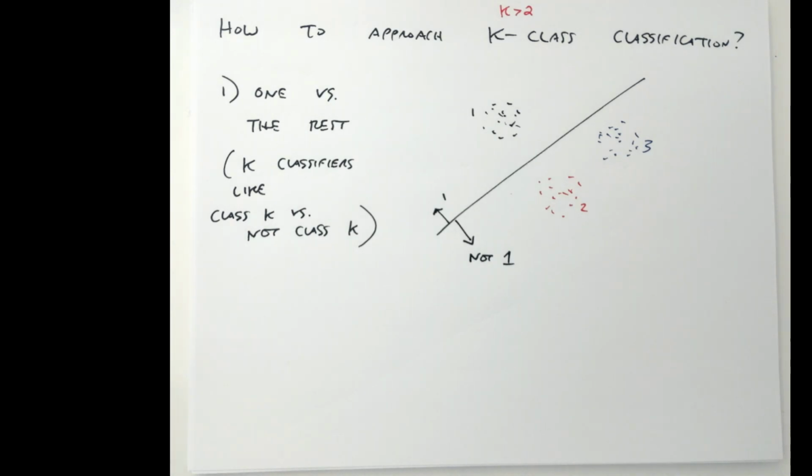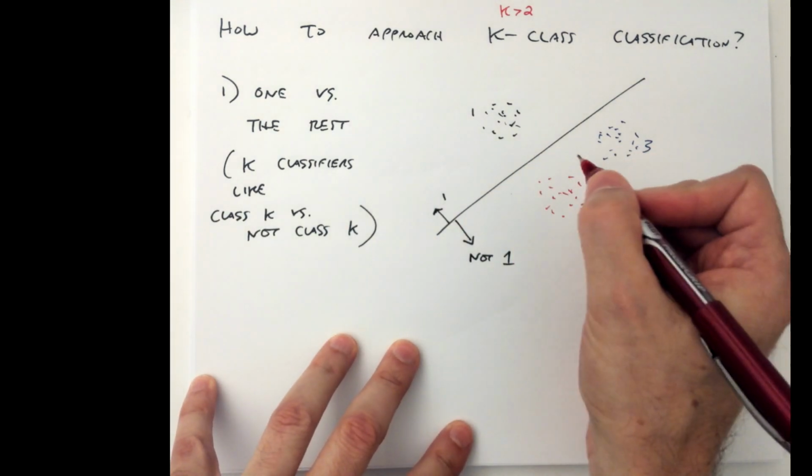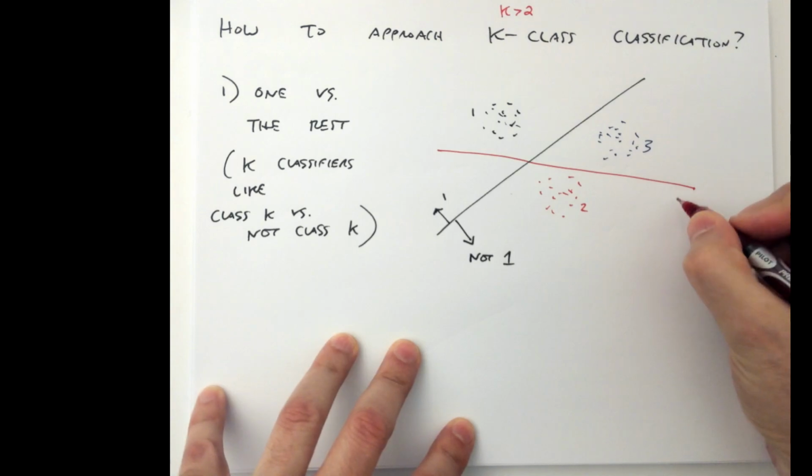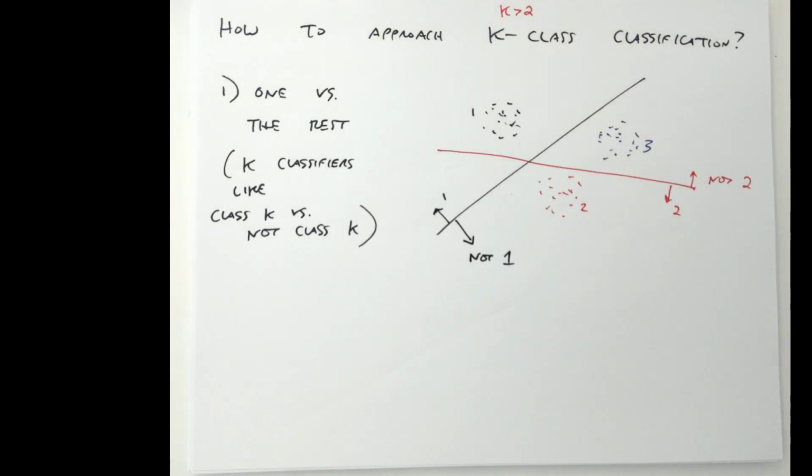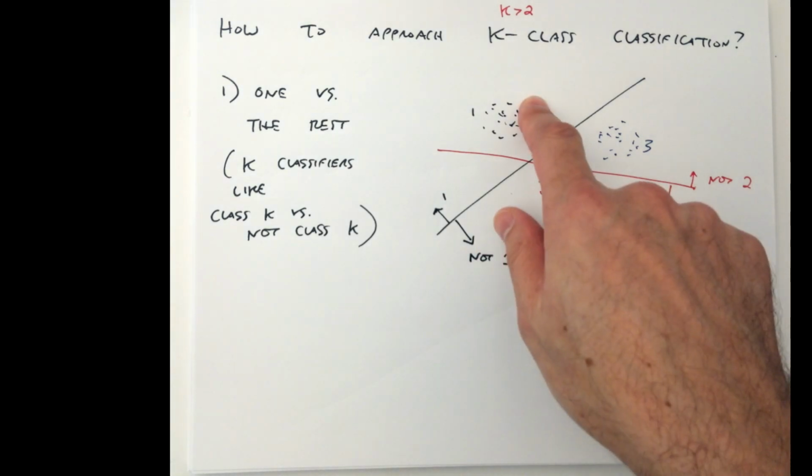And then I could have a classifier that looks like this, which is saying 2 on this side and not 2 on that side, right?